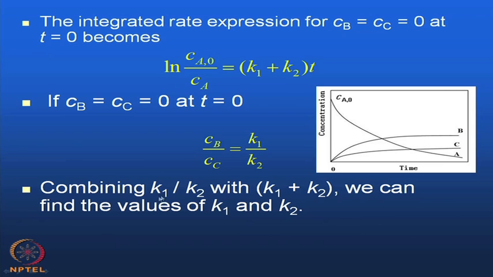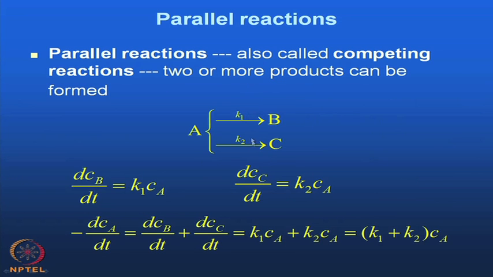So, if you combine K1 by K2 with K1 plus K2, you can find the individual values of K1 and K2. The point is that it is also acting like a first order decay of A, only the difference is that A is decaying in two parallel channels, B and C. Okay.